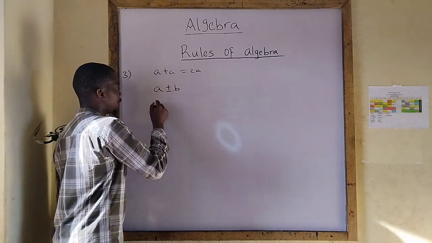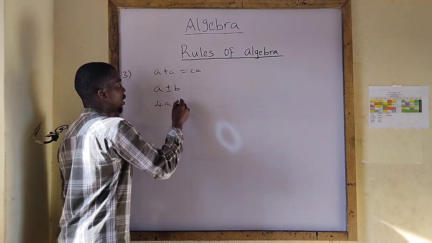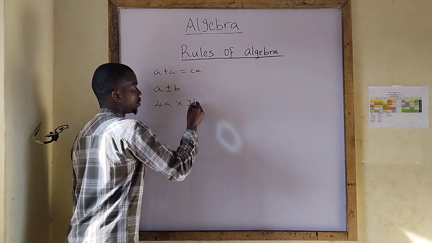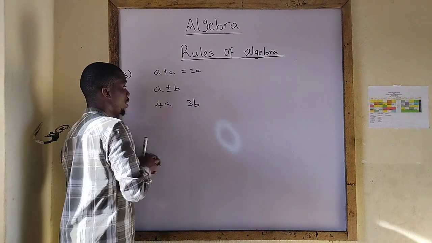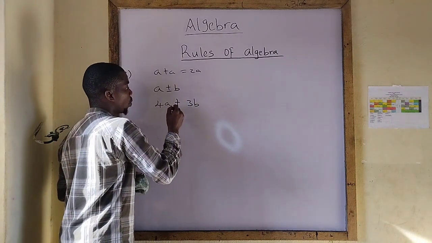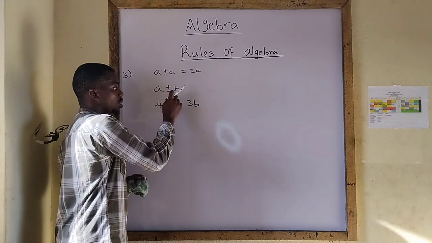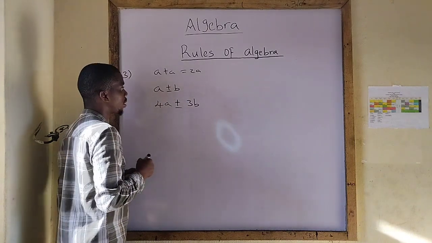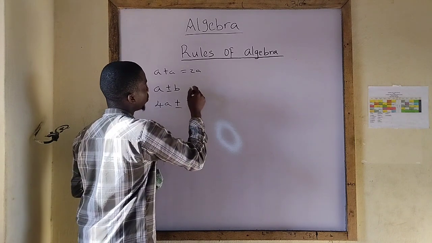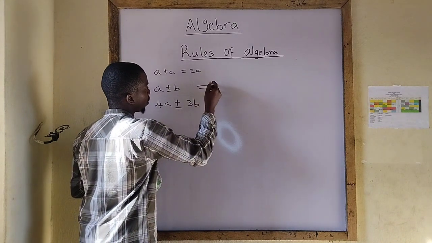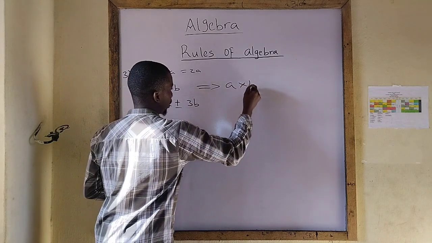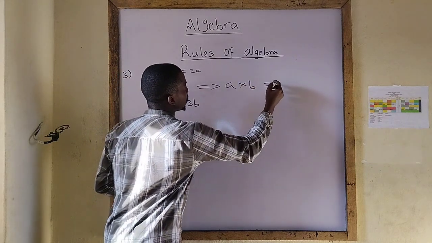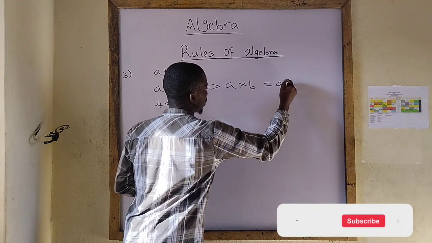Neither can we add, for instance, 4a plus 3b or minus 3b. No, this is not possible. But we can multiply a times b, which will give us ab.